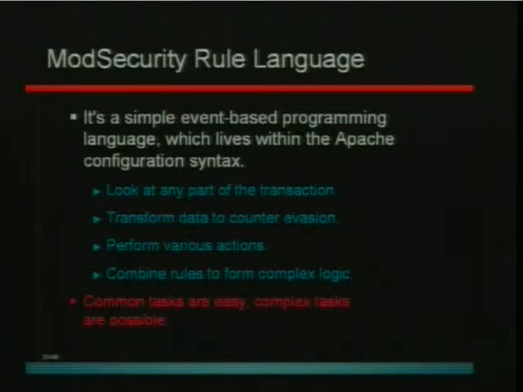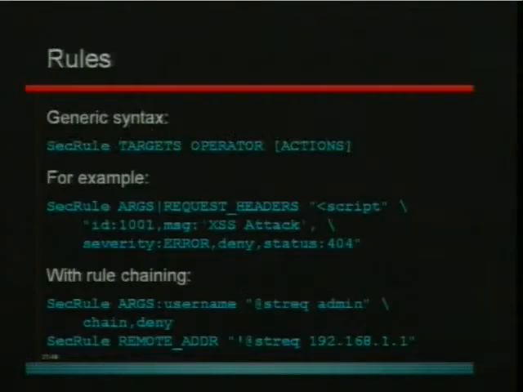But basically, here's what you will do in your rules. ModSecurity will pre-parse everything. It will give you access to the data. Then you can transform the data in many ways to counter evasion or to just extract some pieces of information. And then you look at it, and then you decide what you want to do with it. And furthermore, you can combine rules to make complex logic. And I'll have some examples here.